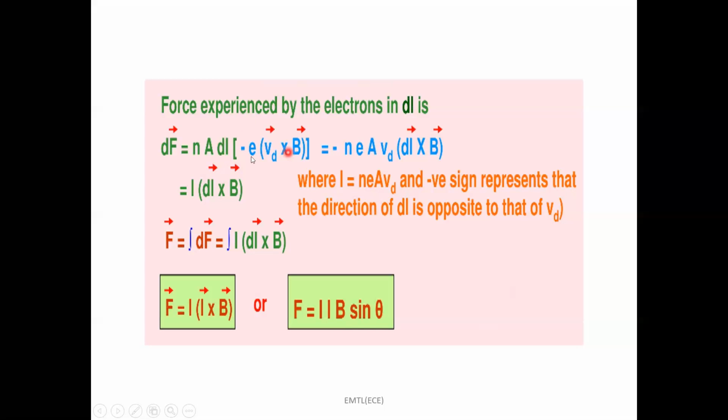Just to write, we have to shift the dl into the bracket. Now the value of n e A Vd is equivalent to current. How do we write it? n e A Vd as I.